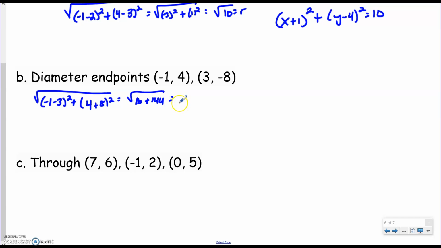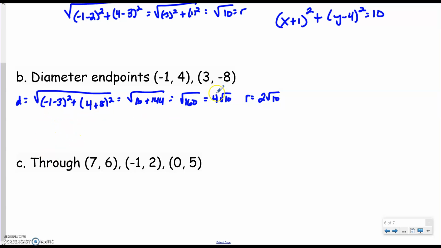So I get the square root of 160, right? Okay, if I break that down, it's 4 square root of 10. Now remember, this is your diameter because I give you diameter endpoints. So our radius is going to be that divided by 2. So we have 2 square root of 10 there for our radius.